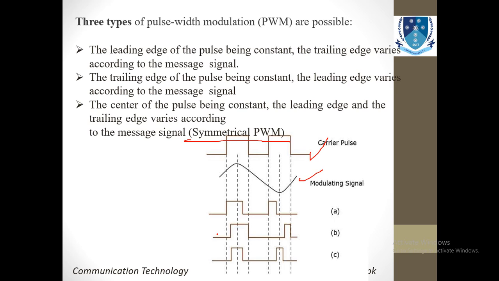This is the second case in which the trailing edge of the pulse is kept constant while the leading edge varies according to the input signal, that was your modulating signal or your message signal. And in the third case, the center of the pulse was kept constant while the leading edge and the trailing edge were varied according to the input signal, or you can say your modulating signal.